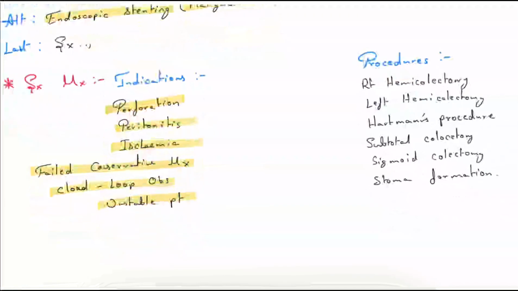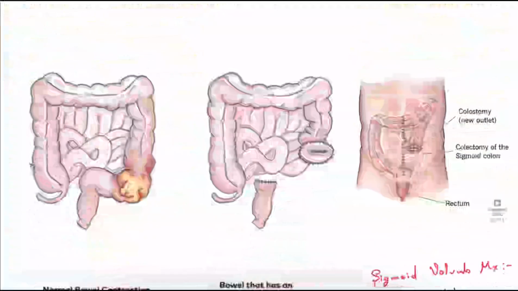We have surgical procedures based on the cause: right hemicolectomy for cecal and ascending colon cancer; left hemicolectomy and Hartmann's procedure, an emergency left colon procedure; and subtotal colectomy, sigmoid colectomy, and stoma formation.